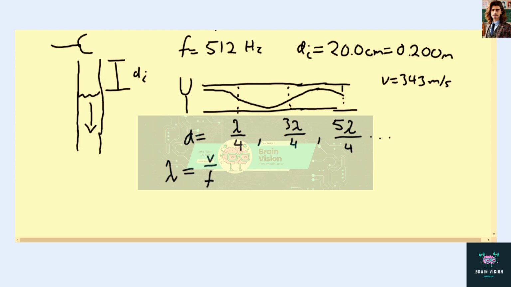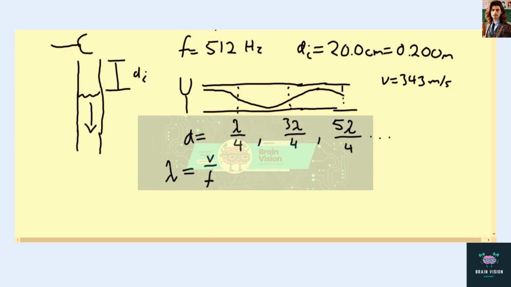Which means that we can calculate the wavelength of this sound wave. And from there, we can figure out which of these distances that would create resonances are the first two that are greater than 20 centimeters. So that's exactly what we're going to do.